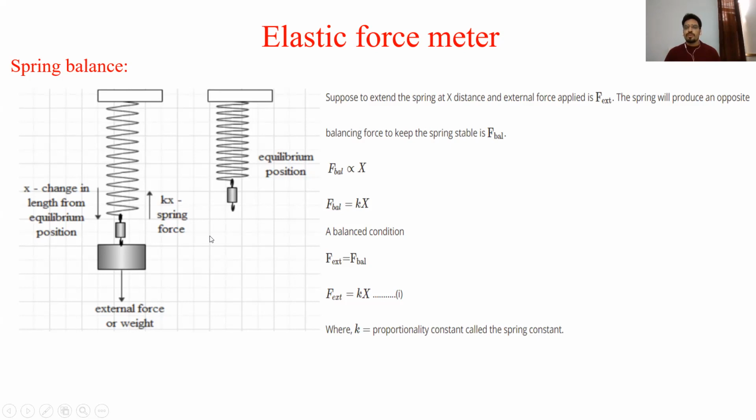We can also call it the sensitivity of the spring. According to the balance condition, F external equals F balance. So F external equals K into x. From this value of K, we come to know the value of F. K is fixed, and only the variable quantity is x. So this is how the elastic force meter works.